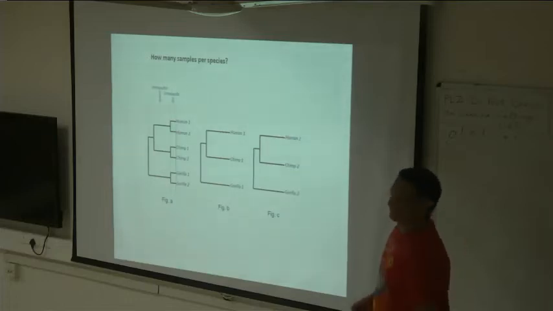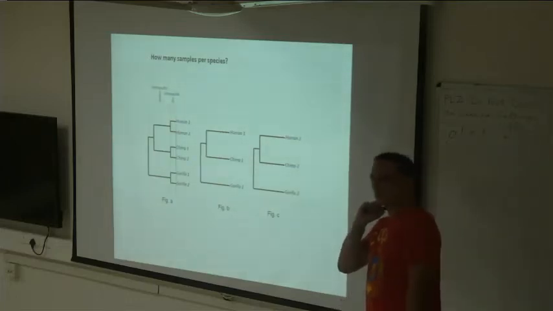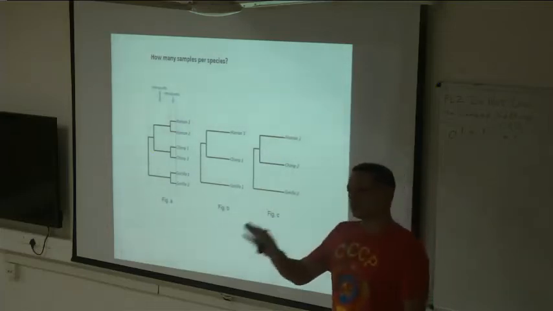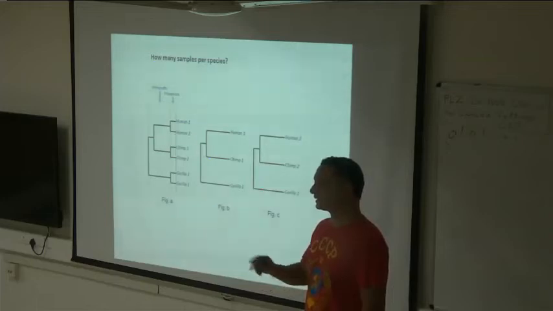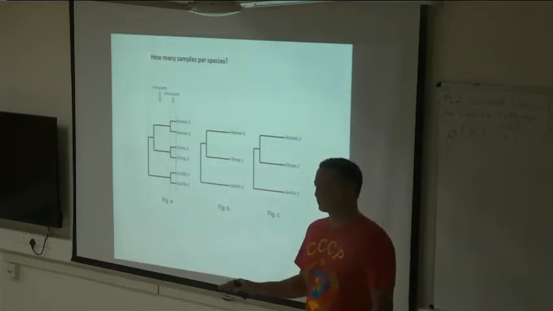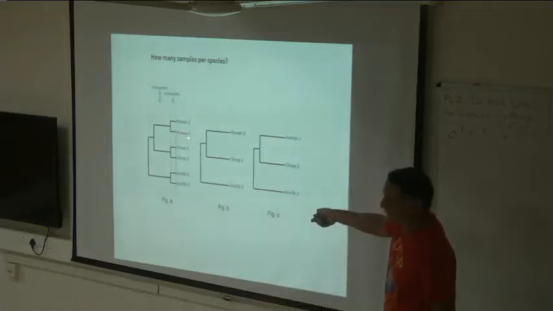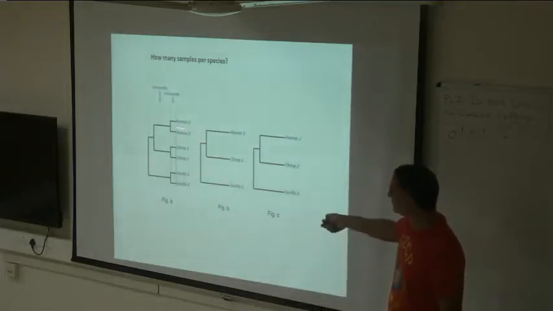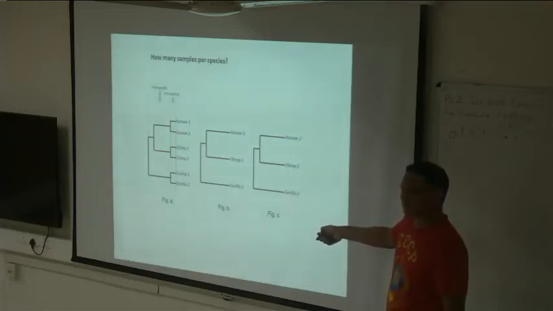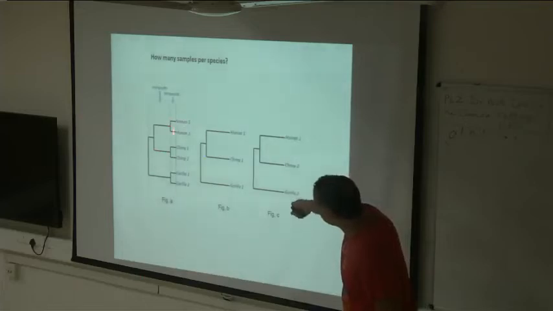How many samples per species? Now, if the taxonomy of that group has been well worked out, just 1 sample per species is enough. Because intraspecific variation, that is variation within species, is much lower than interspecific variation, right? So if you use multiple individuals, they'll all cluster like this.